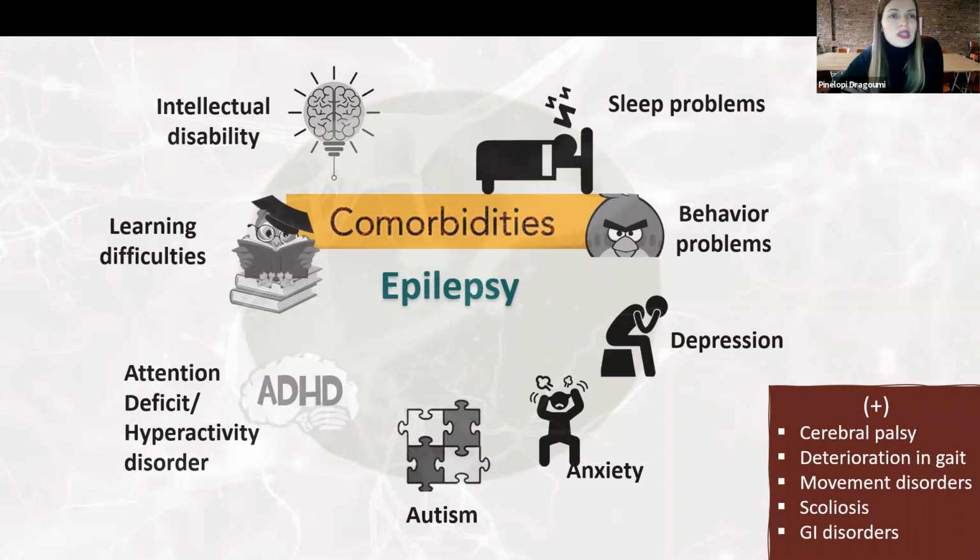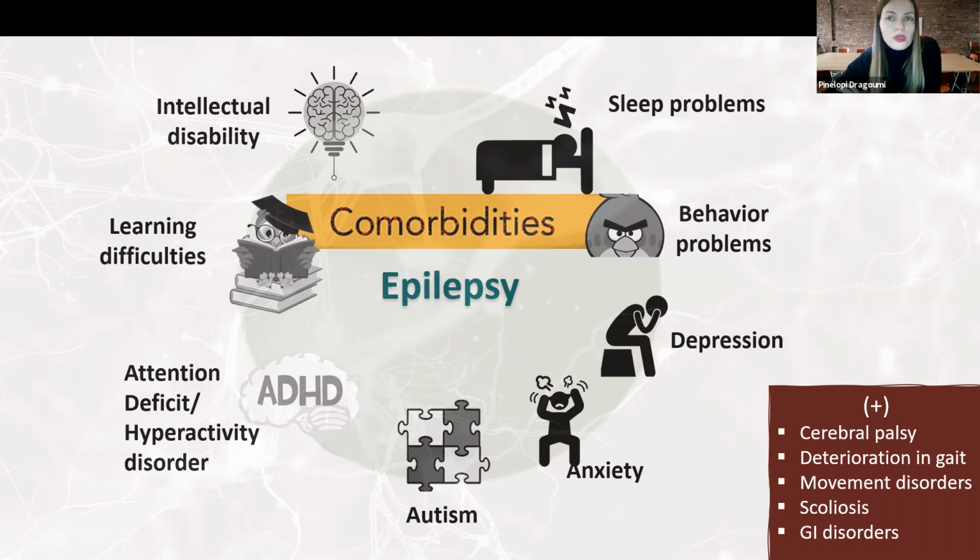And these range from sleep problems or behavioral problems to comorbidities such as intellectual disability, problems at school with their academic abilities, and we see comorbidities with some of the neurodevelopmental disorders such as ADHD and autism in childhood epilepsy.